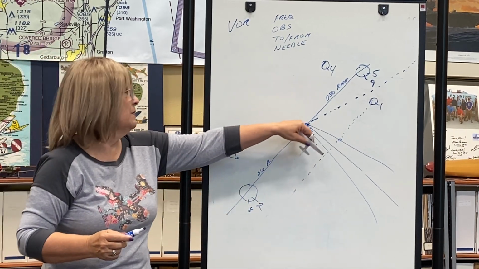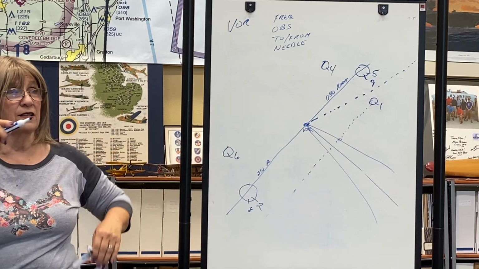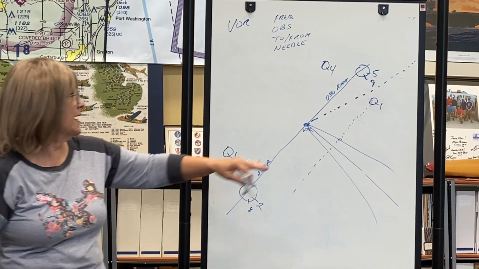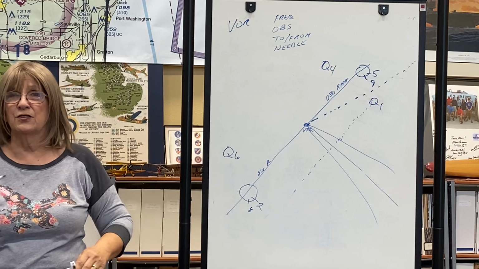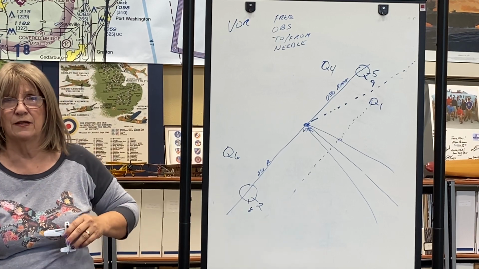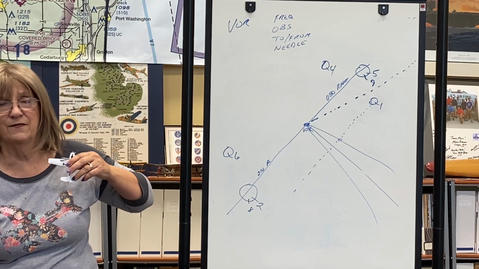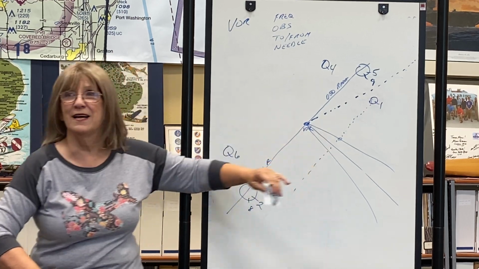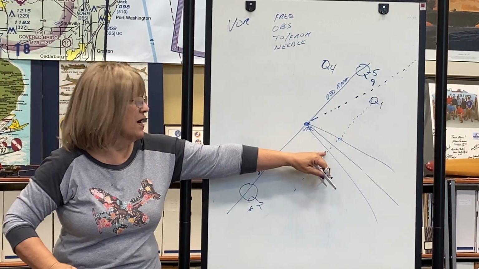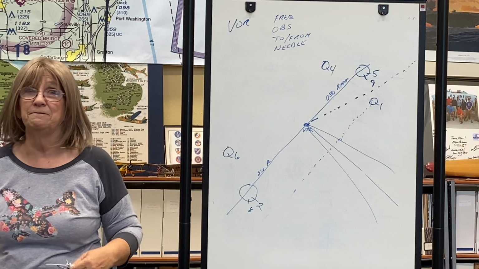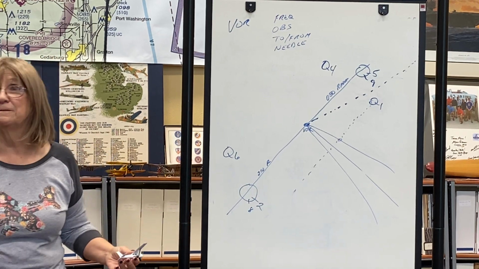Right here I'm on to, and as soon as I fly over it, it's going to flip to the from. But if I'm over here, the to goes away, wait for it, until I cross about here, I'm not going to get the from. Cone of confusion.